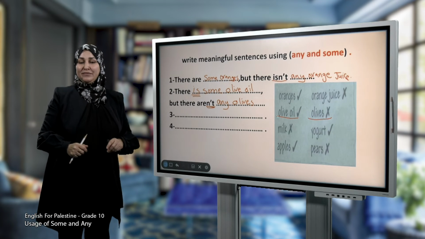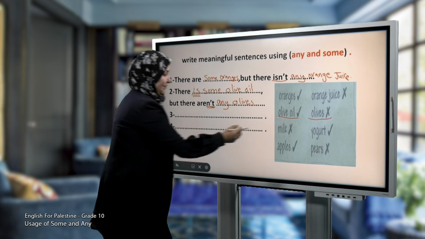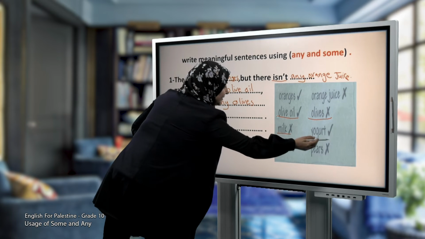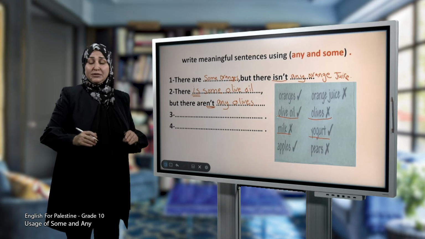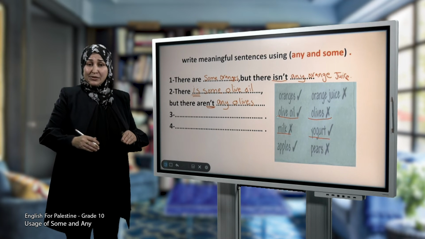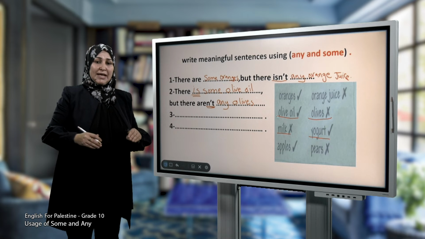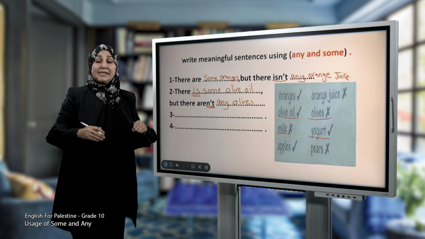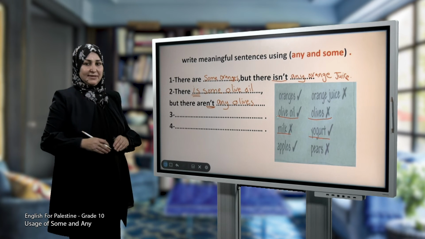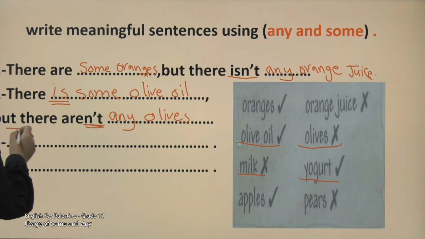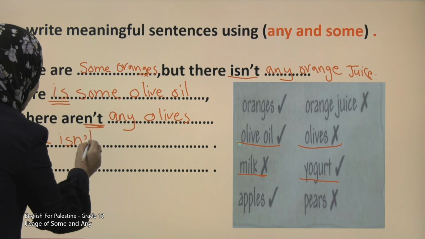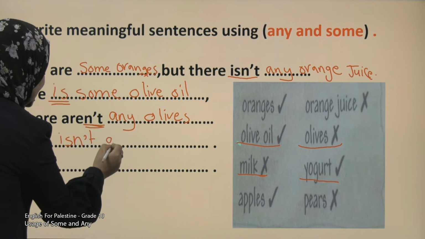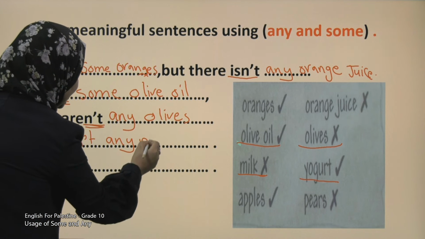Number 3, let's form this sentence together. Here we have milk and yogurt. Remember that milk is an uncountable noun and yogurt also is an uncountable noun. So in these two sentences, we have to use singular verbs. The first sentence, there is. We don't have milk, so we say there isn't, and we use any milk.